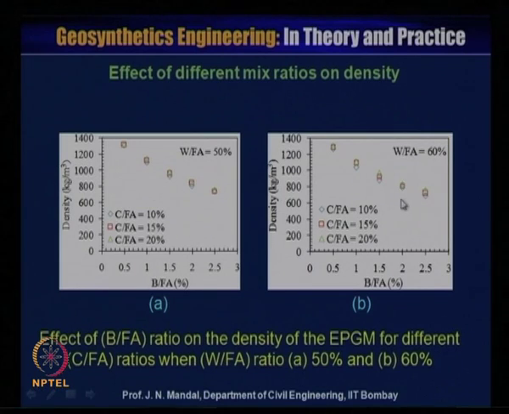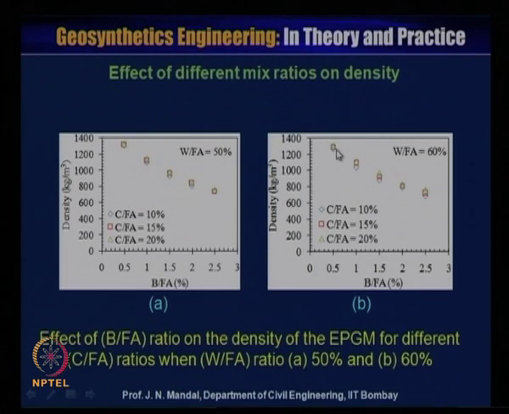But when the water to fly ash ratio is 60% and the cement to fly ash ratio is again kept at 10, 15 and 20%, this is the x axis, the beads and fly ash percentage, the same 0.5, 1.5 or 2.5, and this is the density.